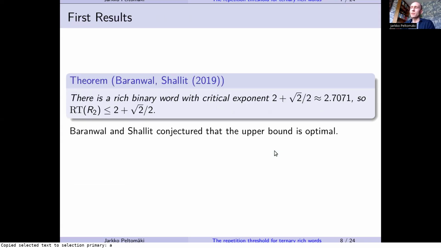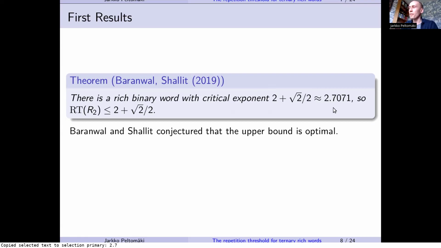And then in 2019, Baranwal and Shallit, I think they were not directly thinking about this repetition threshold problem, but a bit of a related problem. They exhibited a rich binary word that had a critical exponent of 2 plus square root of 2 over 2, something like 2.7.